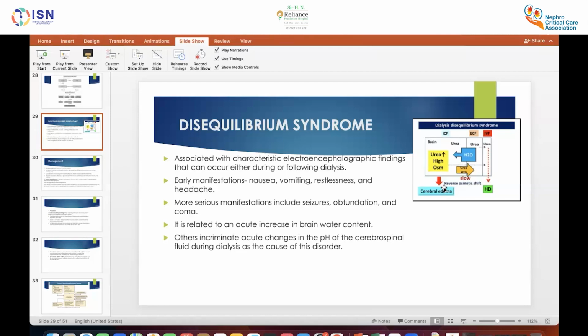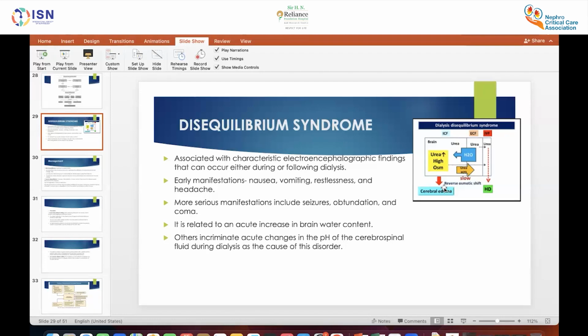The other way of doing it is reducing the dialyzer size. Let us say that we are using an F8 dialyzer for increased urea clearance or increased solute clearance, so that there will be rapid correction of solutes. That is detrimental.